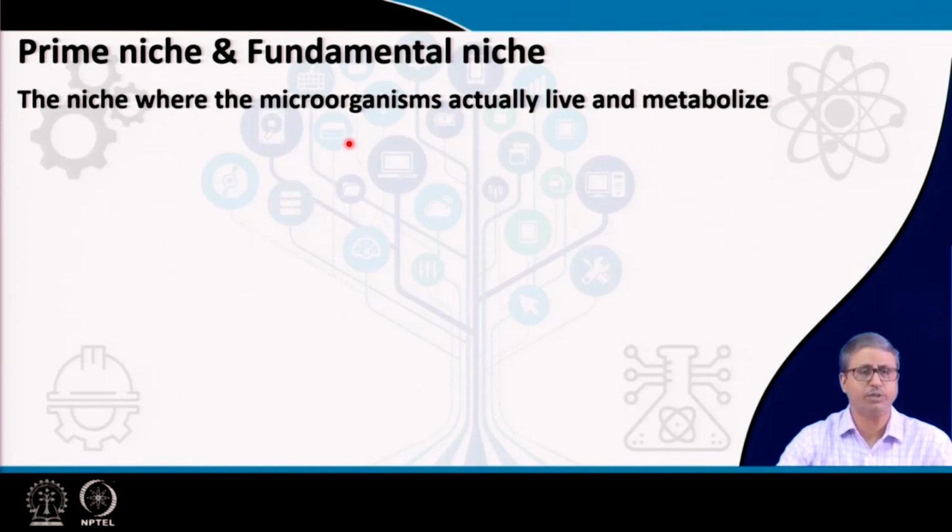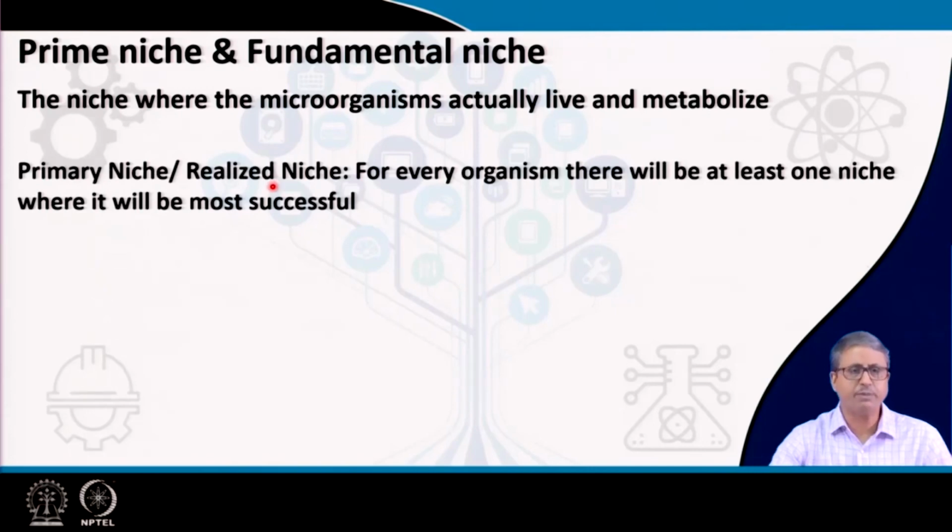Within this micro environment we see that there are primary niche and fundamental niche. Niche, as we defined earlier, is where the microorganisms actually live and metabolize, and the primary niche is also referred to as the realized niche. For every organism there will be at least one niche where it will be most successful, metabolically at its peak, and very successful in performing its activities.